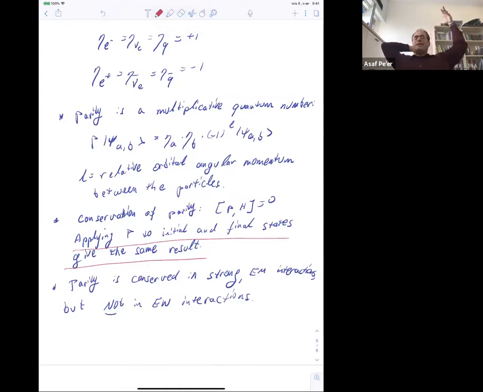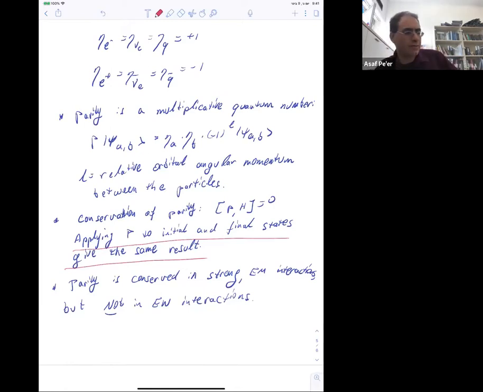in a basic sense, the wave functions extend over the entire space, right? So I make a parity transformation, I switch the entire space. But what's important for me is what I just highlighted in red here: applying the parity to the initial and final states gives the same result, which means that some interactions occur in nature and some do not, because they do not conserve parity.